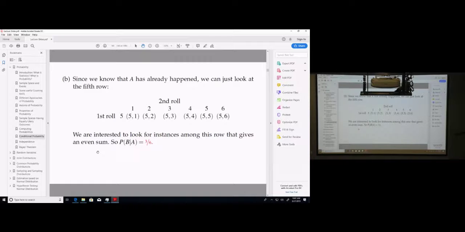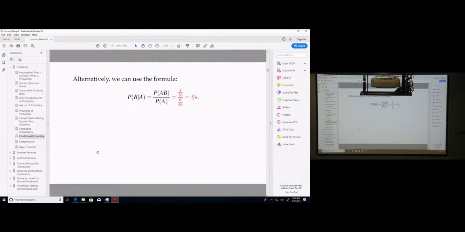Now we are interested, given this row, meaning that the first roll is a 5, and you want the sum to be even. So there are only these situations, and these situations. As a result, this is 3/6. And now we can just substitute into the definition, and this would be 3/6.